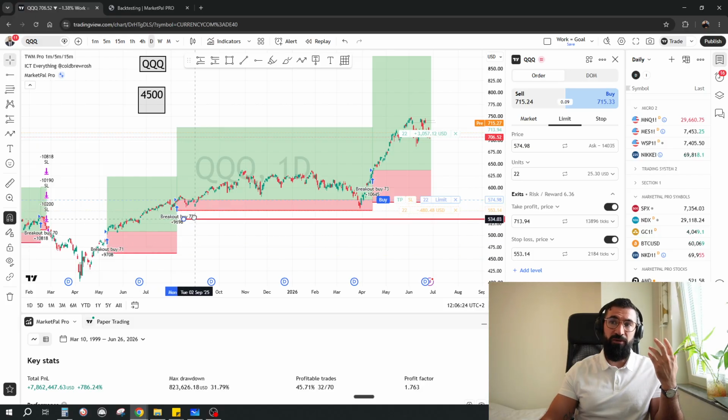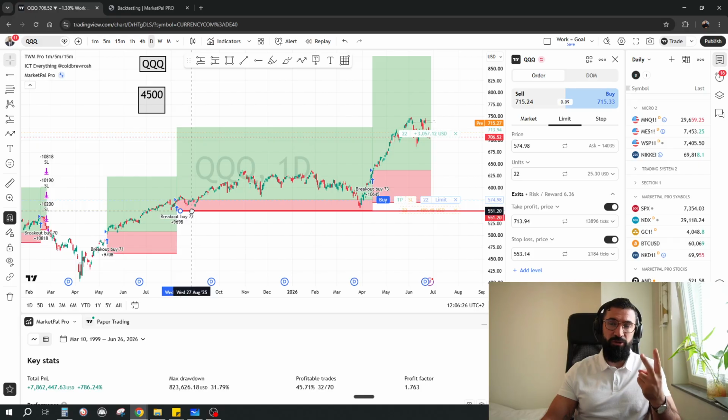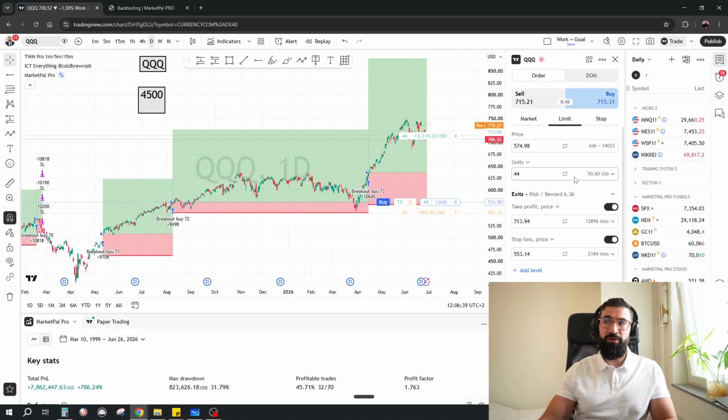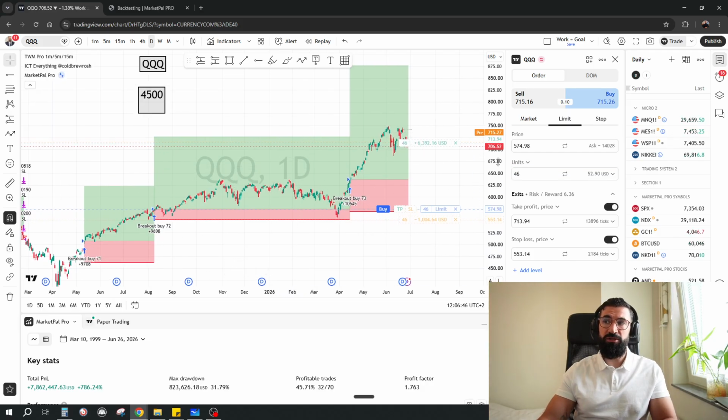So we have two positions with the same stop loss area, but with different entry levels, right? In this area, 4,800, I want to basically double it to have around a $1,000 trade right there, which is fine.